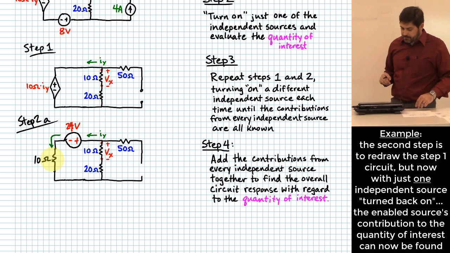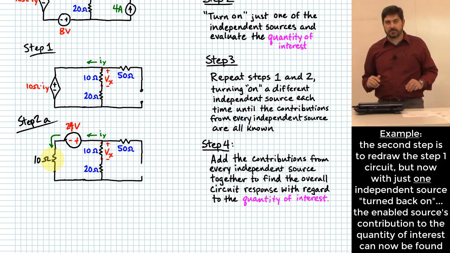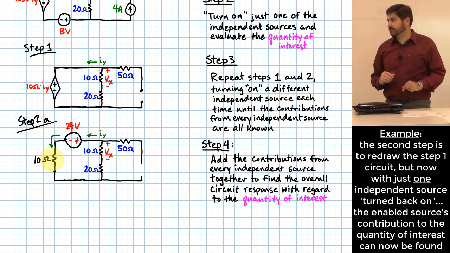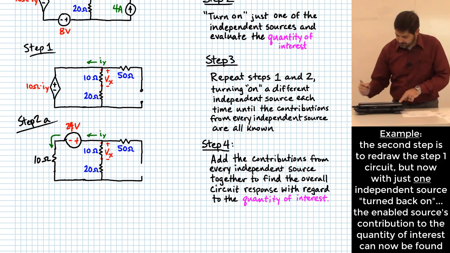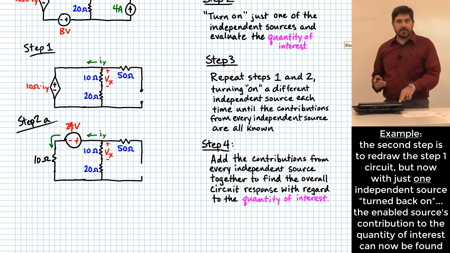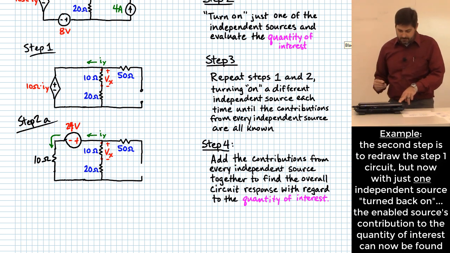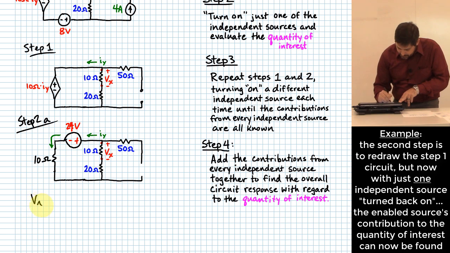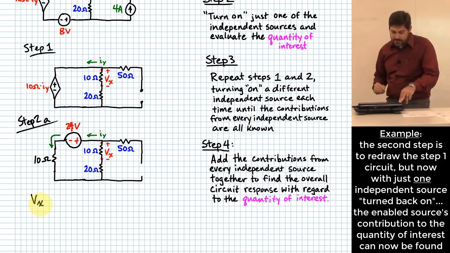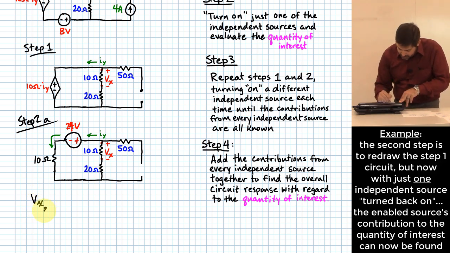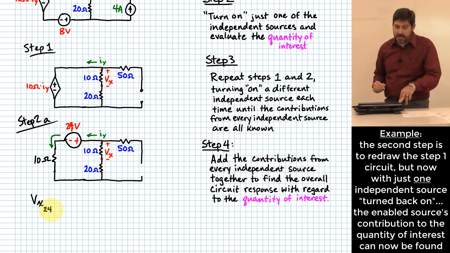All right? Now that that's just a 10 ohm resistor, how do I find Vx? There's a really nice clean formula that I've shown you in here that might be useful here. Voltage division, right? Vx, I'm going to use another subscript on here. This is Vx sub 24. Why am I putting that subscript on there?